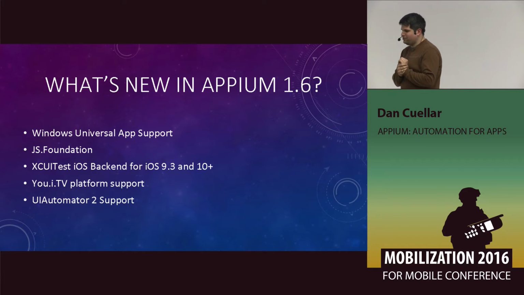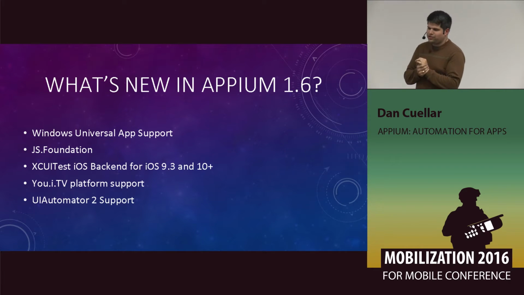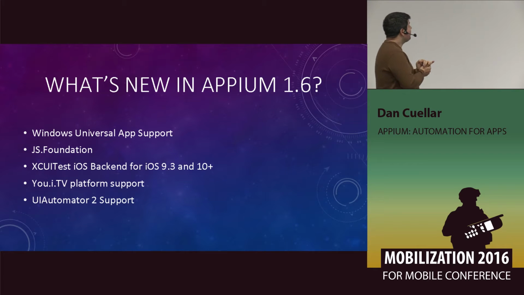So anyways, that's Appium. We just released 1.6 two weeks ago. There's some cool new stuff in it. Microsoft wrote Windows Universal App Support. Previously, some Russians had written Windows Phone App Support and Windows Support. Then Microsoft, rather than modify that, said, we'll rewrite the whole thing. And they did, and it works. Now it's natively supported, which is really cool.